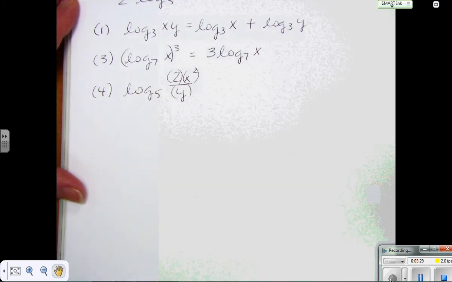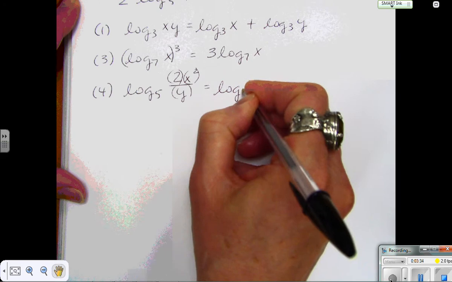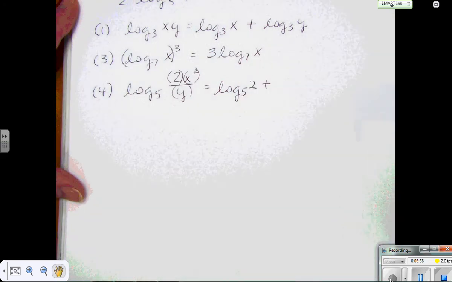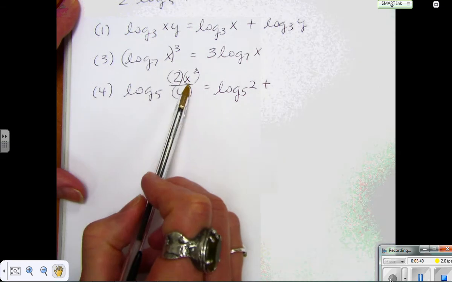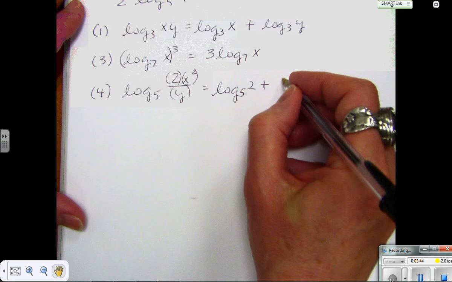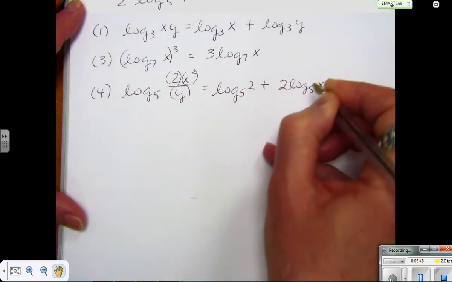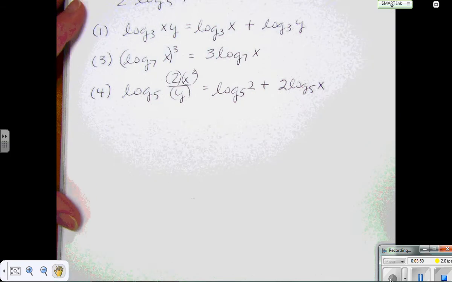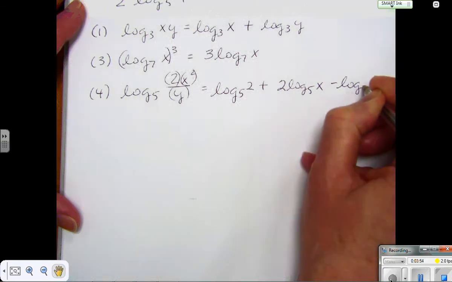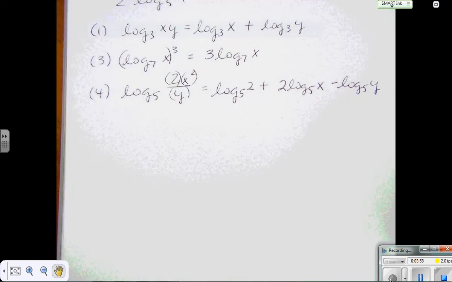So when I expand this, log base 5 of 2 plus, and then for my x squared, I'm going to take the exponent that it has and write it in front of the second logarithm, 2 times log base 5 of x, and then subtract the log base 5 of y for the division part. Any questions?